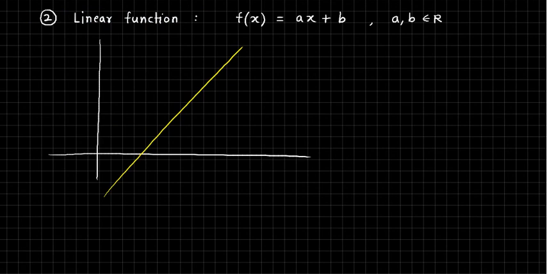That's why it is called a linear function, because we know that the equation y equal to ax plus b represents a straight line, right? Here also, in general, the domain will be the set of all real numbers, and the range will also be the set of all real numbers, because it extends in both directions on the x and y axes.